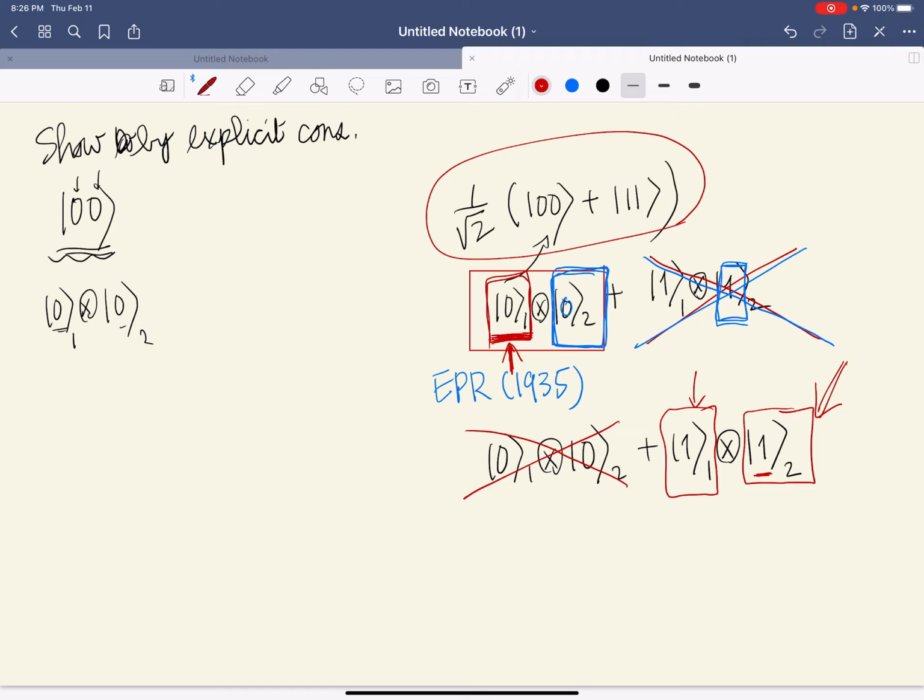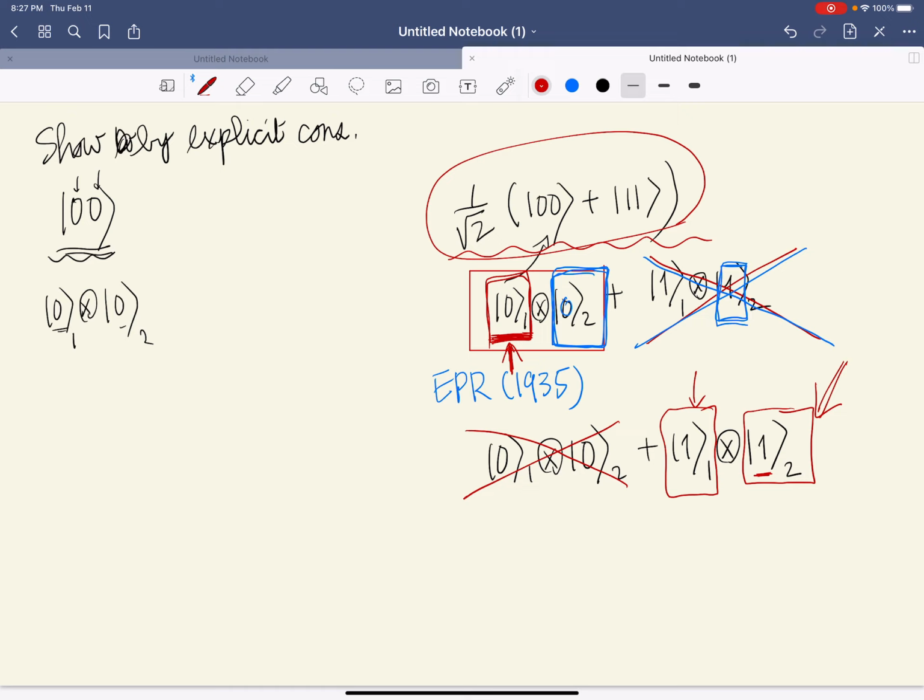Okay, so a wave function of this kind has this interesting property that what you will measure for the second qubit depends entirely on what you end up discovering from the measurement of the first qubit. And that is the essential feature of the entangled state.